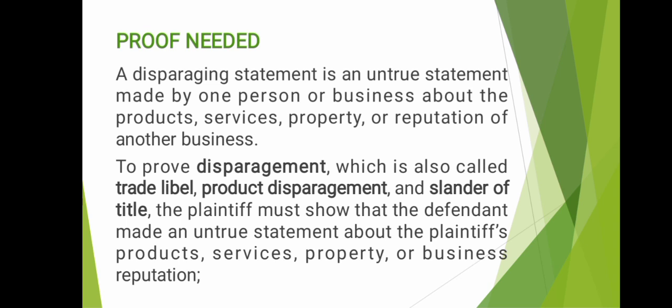To prove disparagement, which is also called trade libel, product disparagement, and slander of title, the plaintiff must show that the defendant made an untrue statement about the plaintiff's product, services, property, or business reputation. So you have to prove that this person said what is untrue.